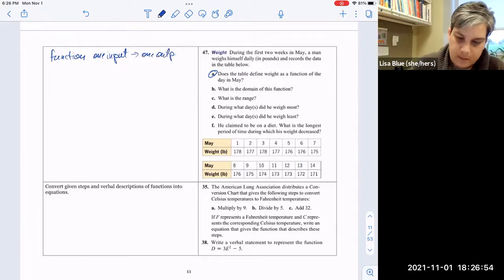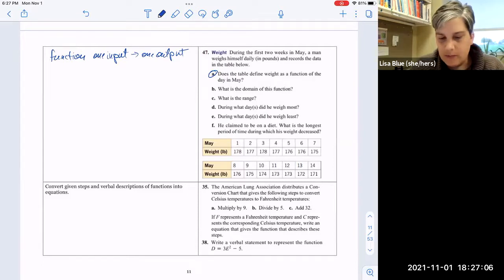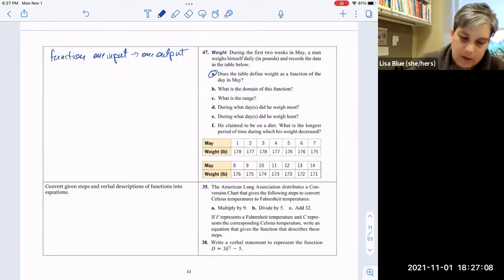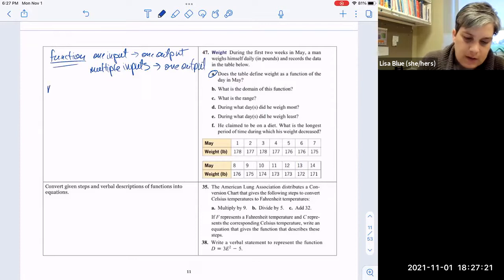And we can also have multiple inputs, so multiple X values going to one output. Okay, so that's a function.